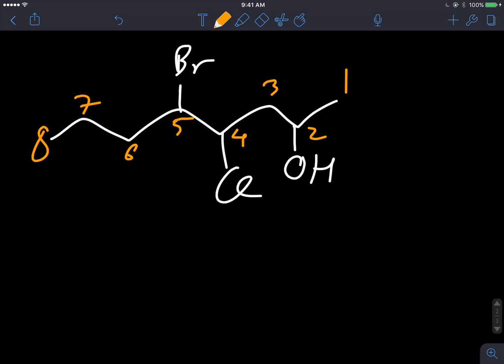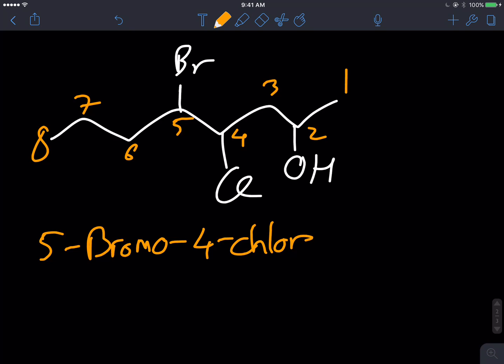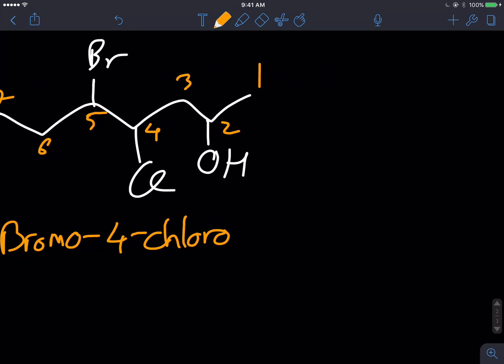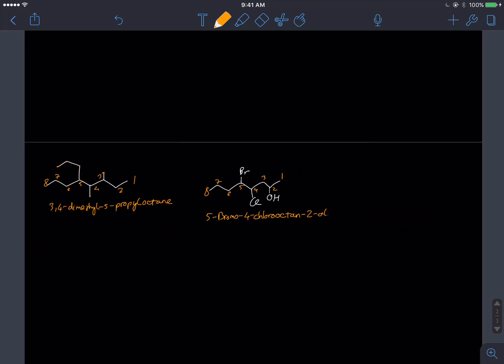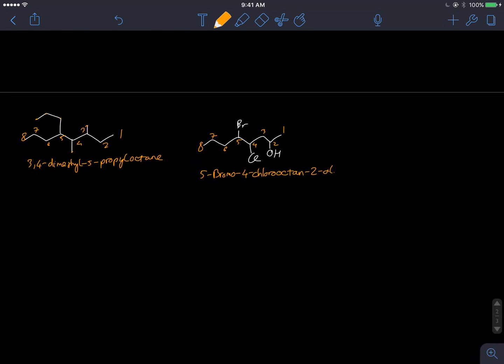Bromo is going to be first because B before C. So 5-bromo and 4-chloro. Continue with octane, right? Octan-2-ol. Right, correct?